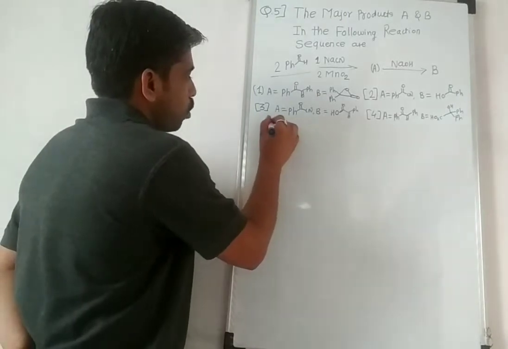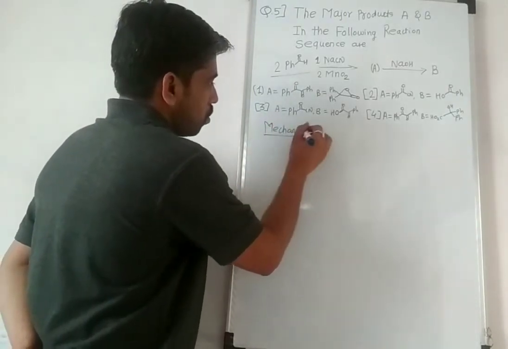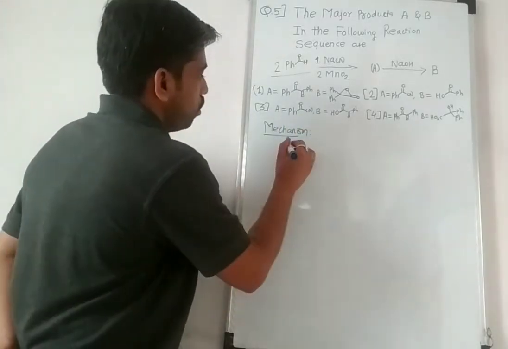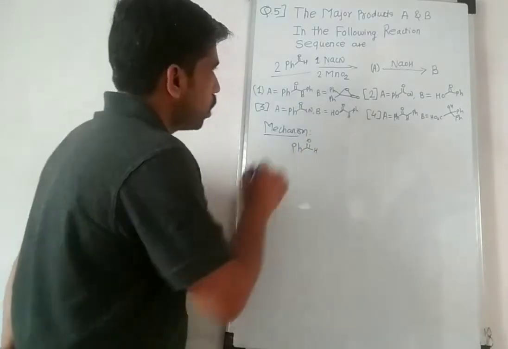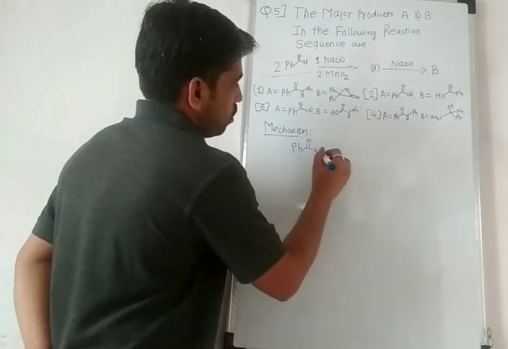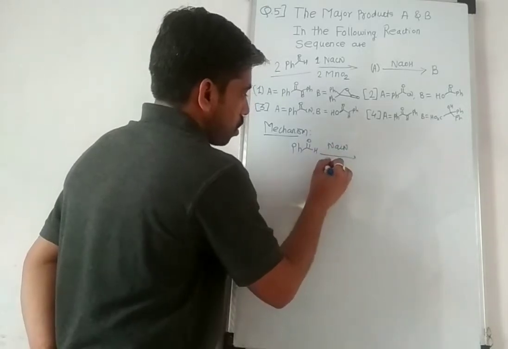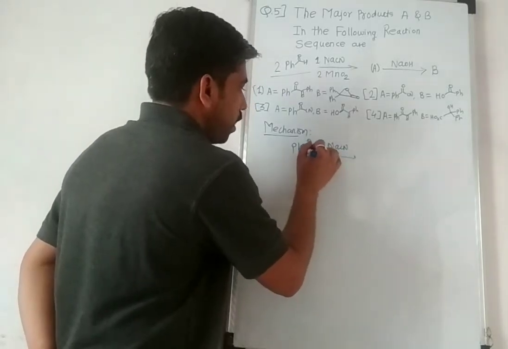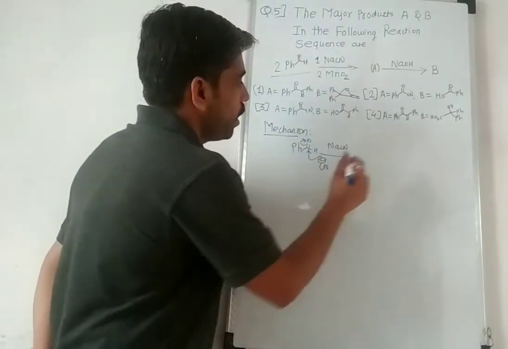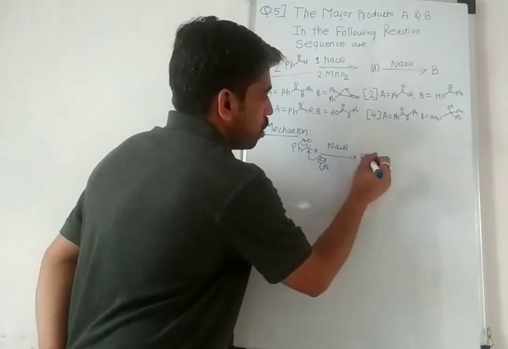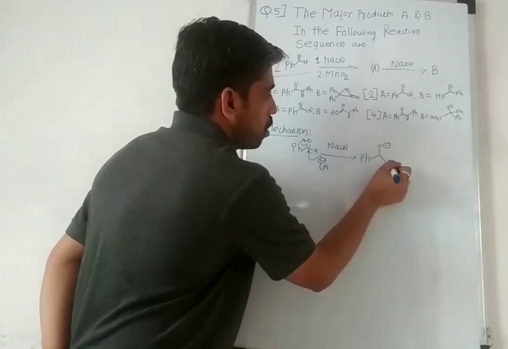The mechanism of benzoin condensation in the first step of this example involves sodium cyanide. Cyanide attacks the electron deficient carbonyl center of benzaldehyde and gives the corresponding tetrahedral intermediate.